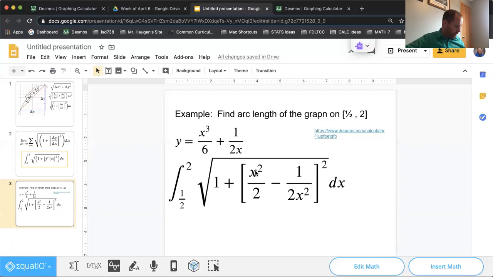Let me just double check my notes. Yep. And then in here, we could expand this part out a little bit. Let me check my notes here real quick, and then we'll get back to that.